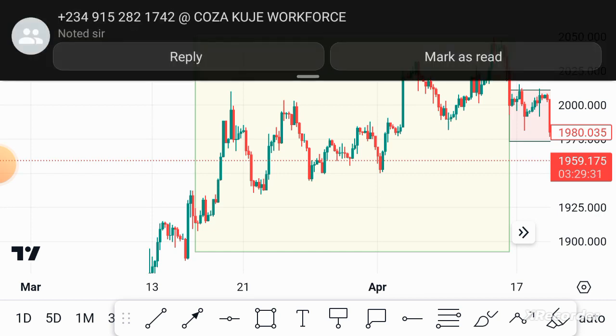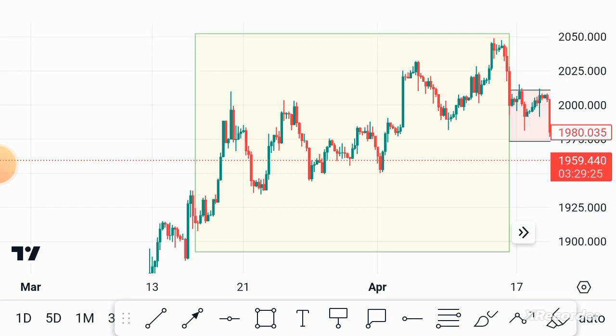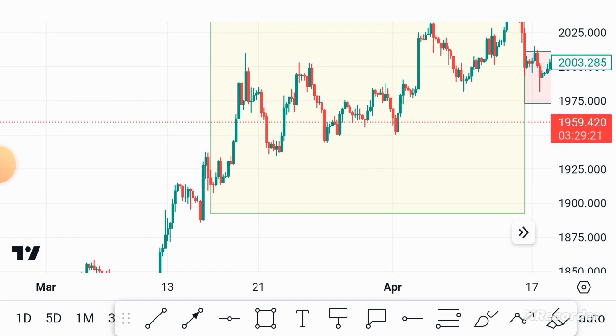Now there's what we call an impulsive leg, and there's what we call a correctional leg. Impulsive price movement is the major movement that you are expected to catch as a trend trader.